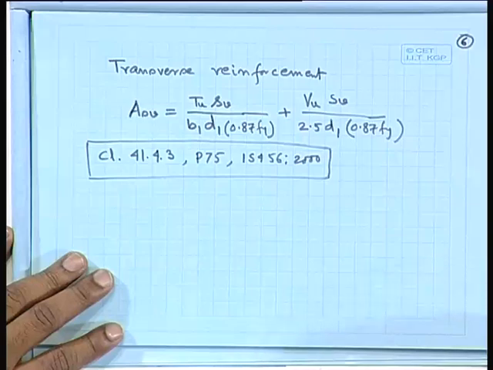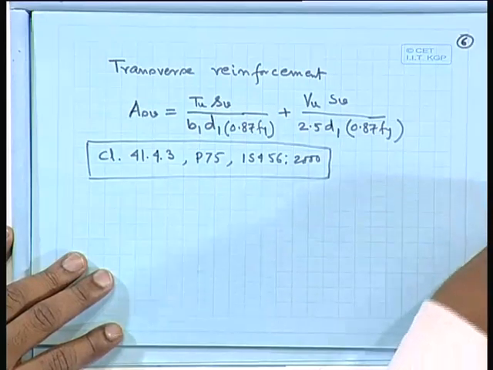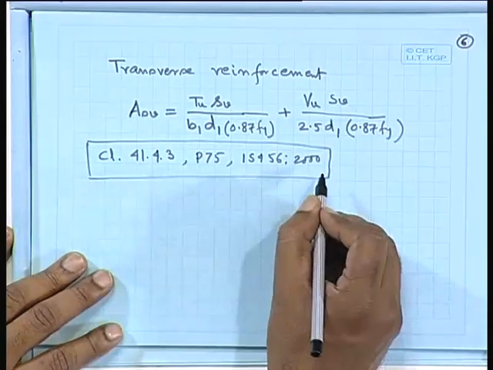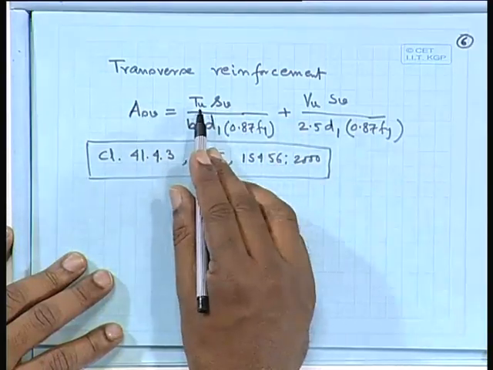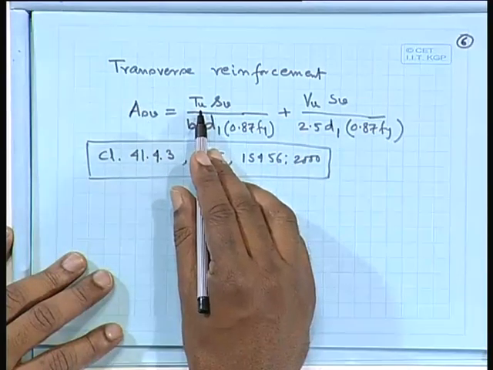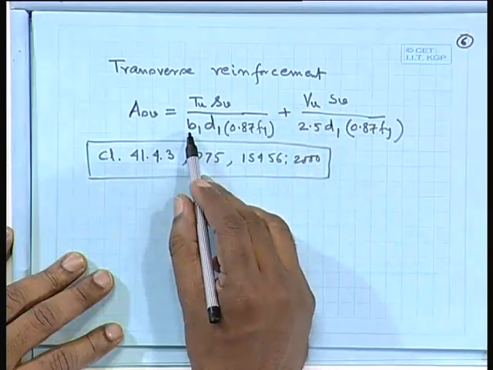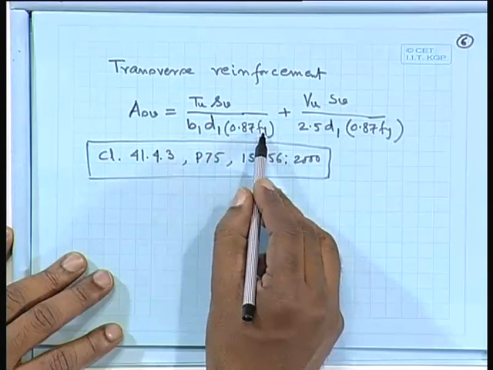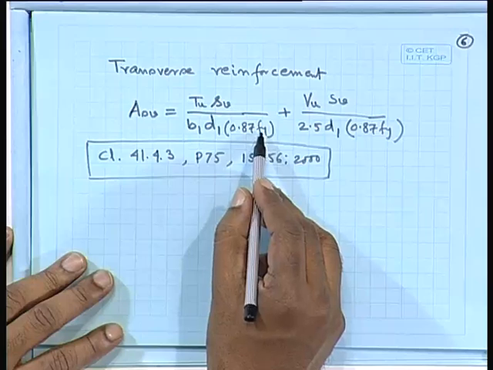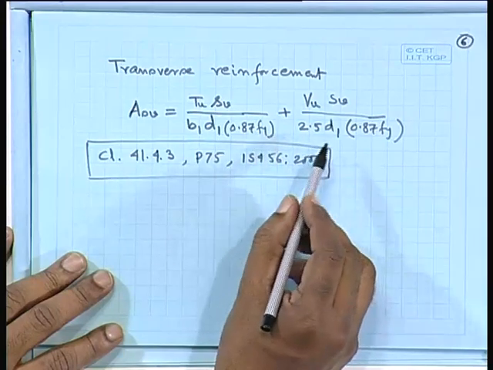What we shall do here is find ASV, that means I know Tu, I know Vu, b1, d1. Fy we know, say Fe 415, so 415 Newton per square millimeter.